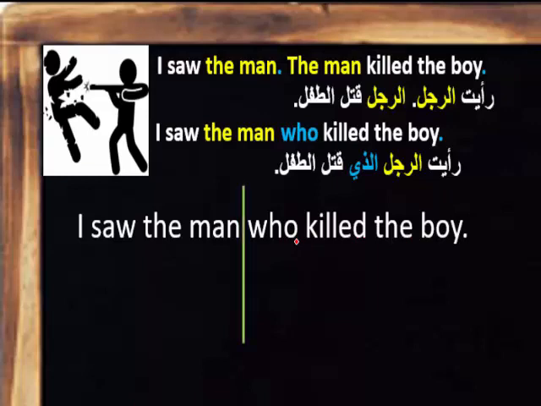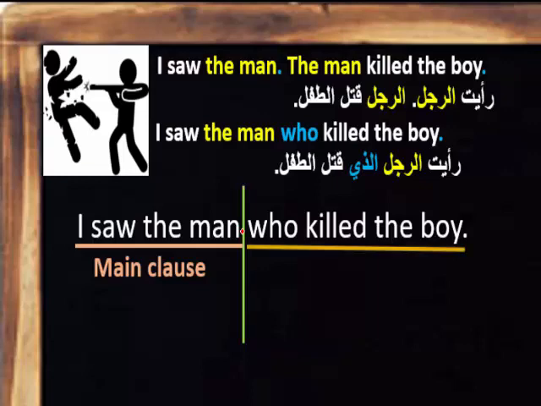The first one is this, I saw the man, which is the main clause, because it's a sentence that can stand by itself. So the meaning is complete. I saw the man. And this one is called relative clause, because if we say here, I saw the man who, the meaning is not complete.